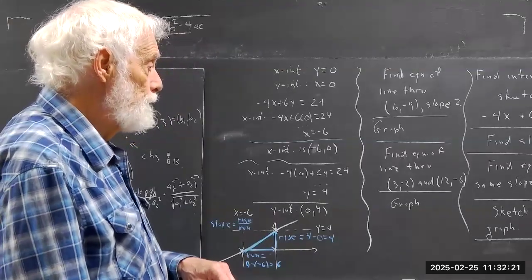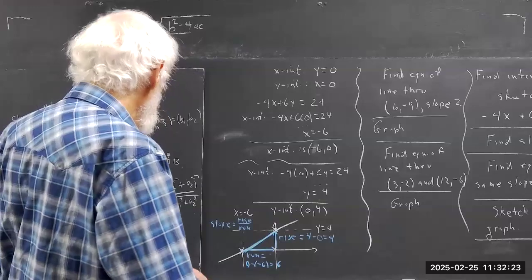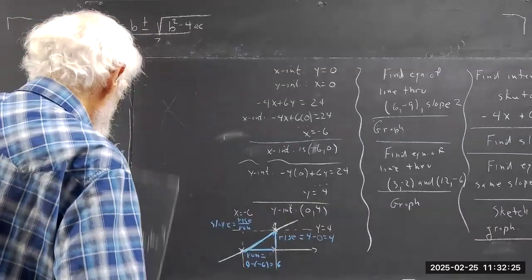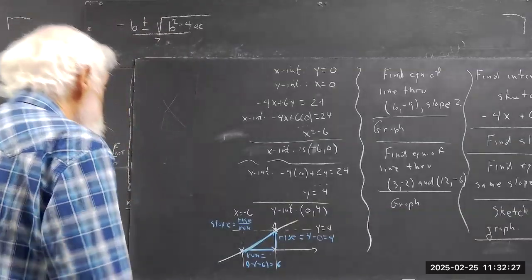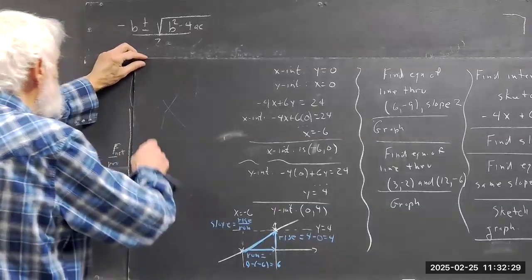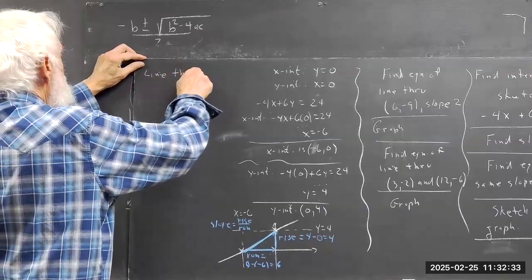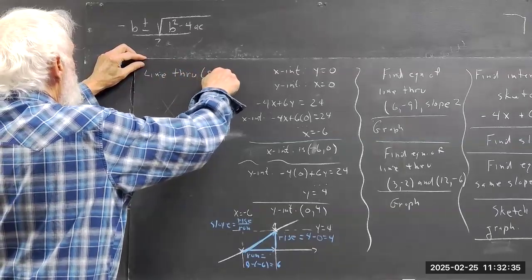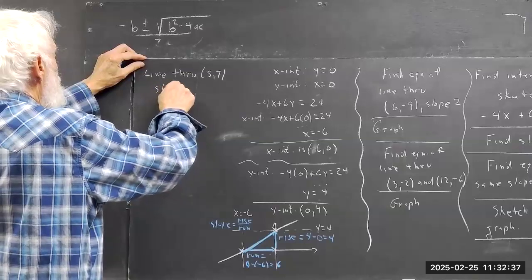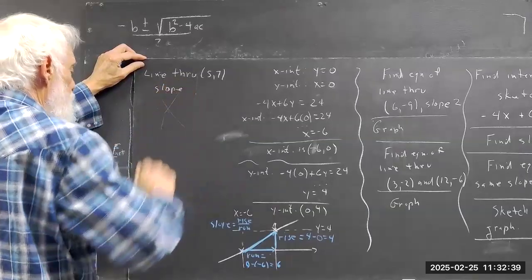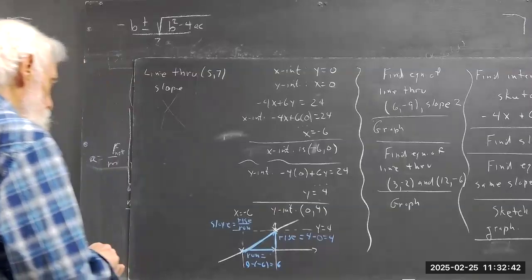Find the equation of the line with the same slope through 5, 7. And I haven't finished the slope.